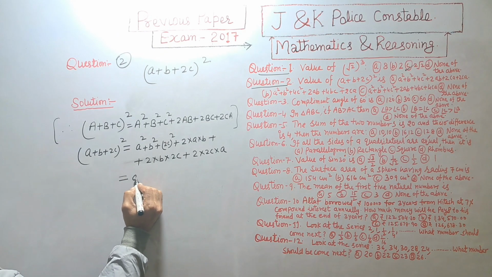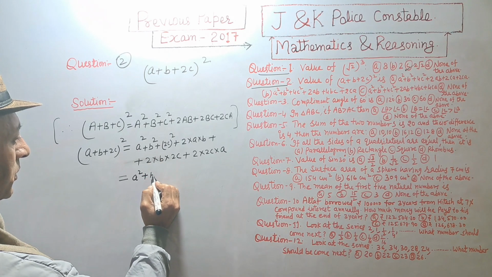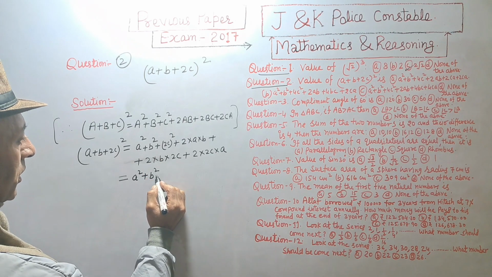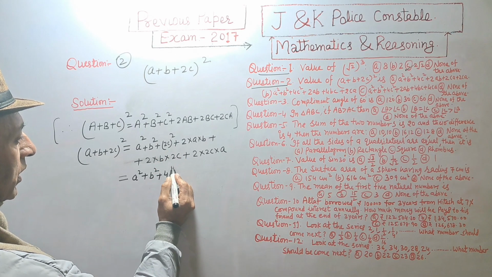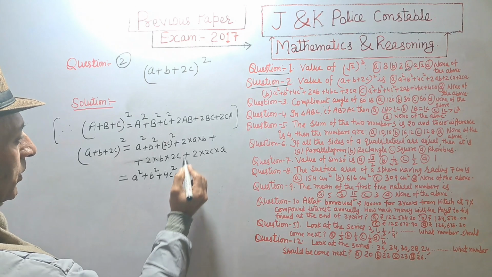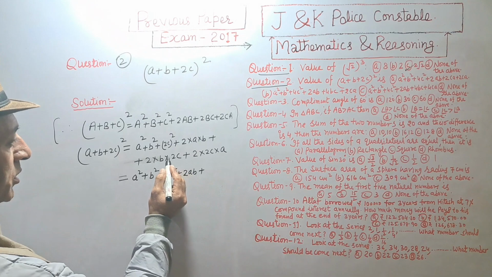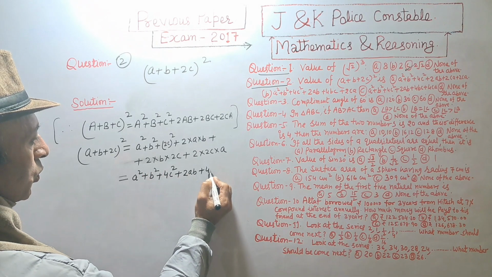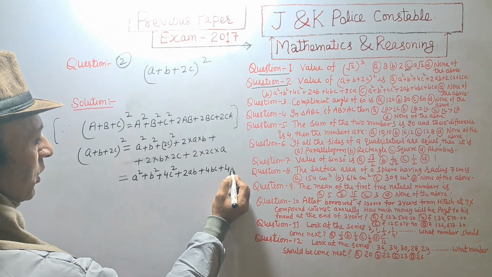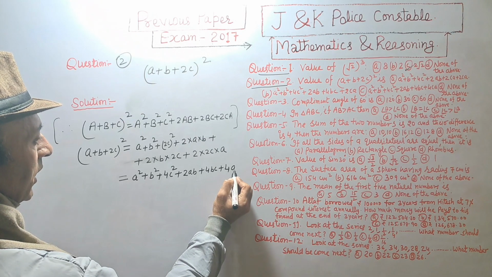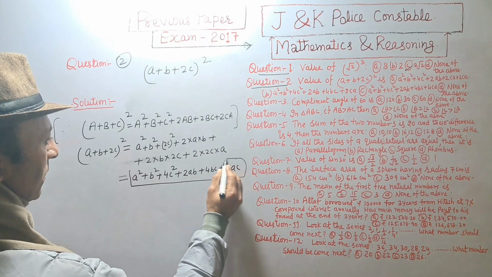Then we get a square plus b square plus 2c square, that is 2 2s are 4, c square plus 2ab plus 2 2s are 4 bc plus 2 2s are 4 ca or ac.